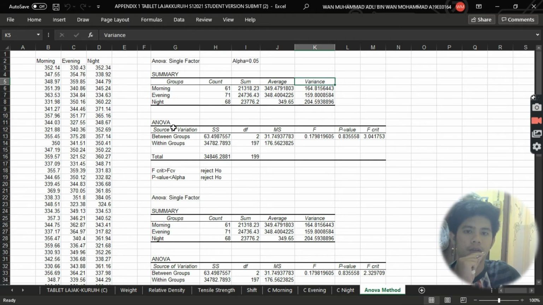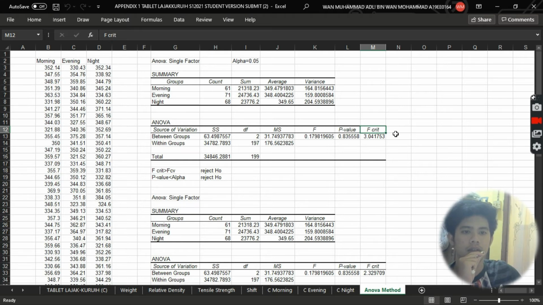For the ANOVA, first we got the sum of squares for these three groups, and this is the degree of freedom, MS is mean of square, and F is Fs, and this one is the p-value, and the other one is F critical.